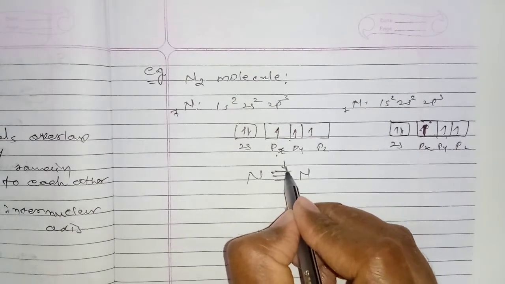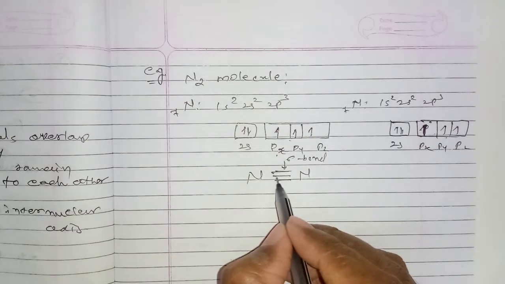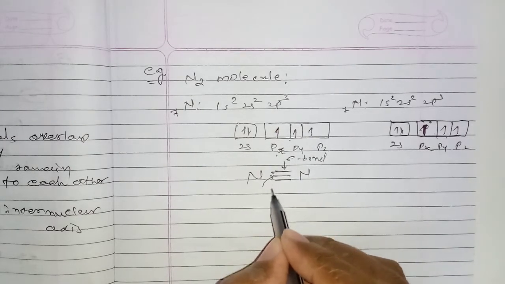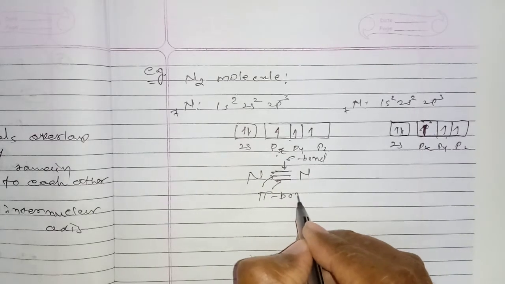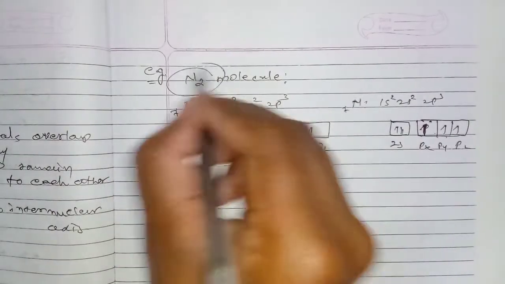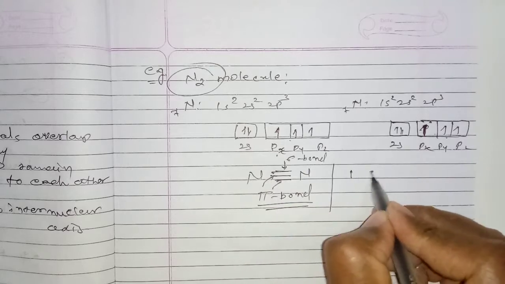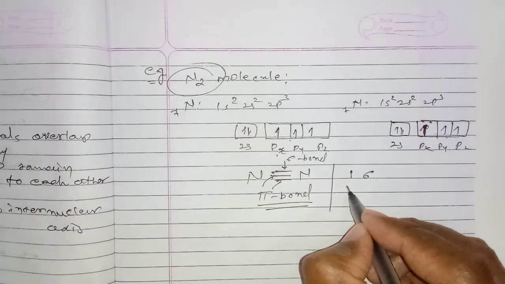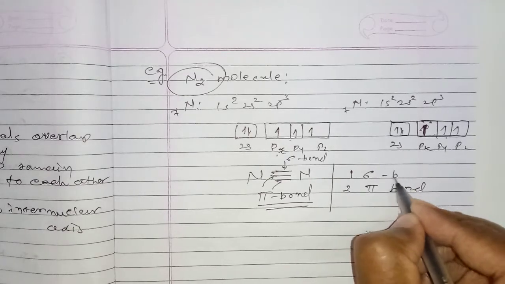First is always a sigma bond, and the other 2 bonds are pi bonds. So in the nitrogen molecule 1 sigma bond and 2 pi bonds are formed.